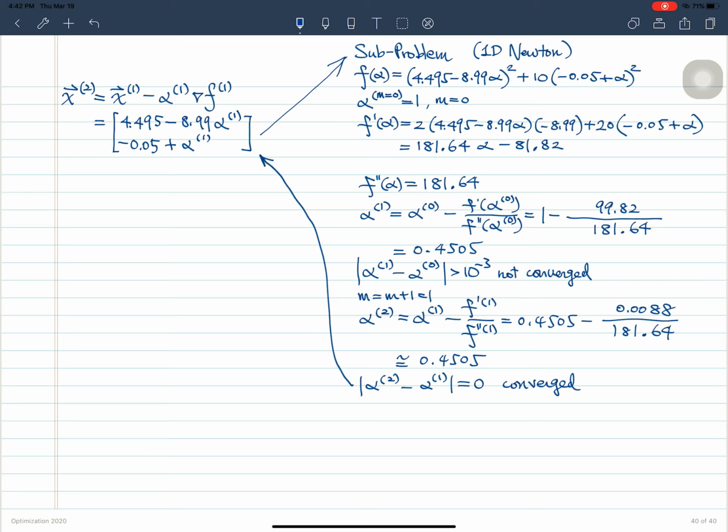So when you plug back, you will have times 0.4505 plus 0.4505, and what would you have?